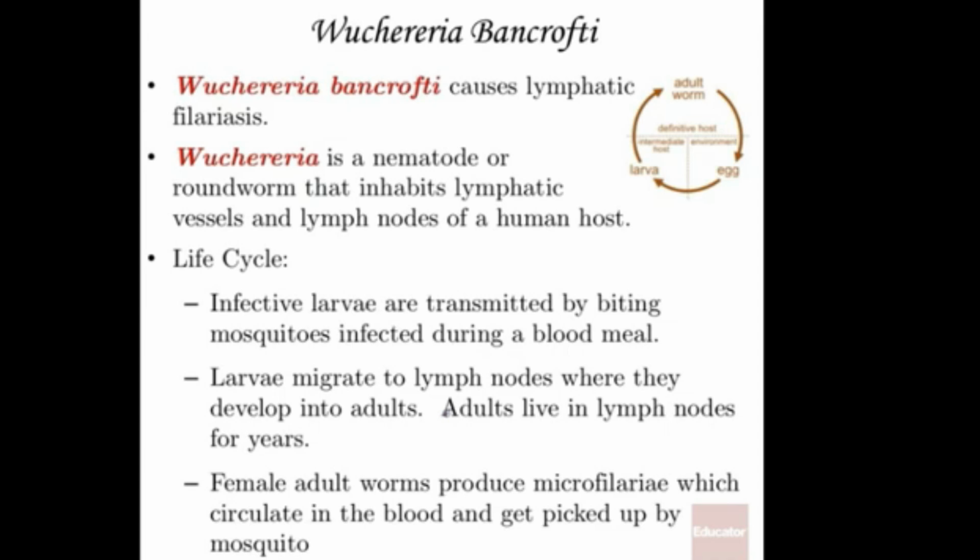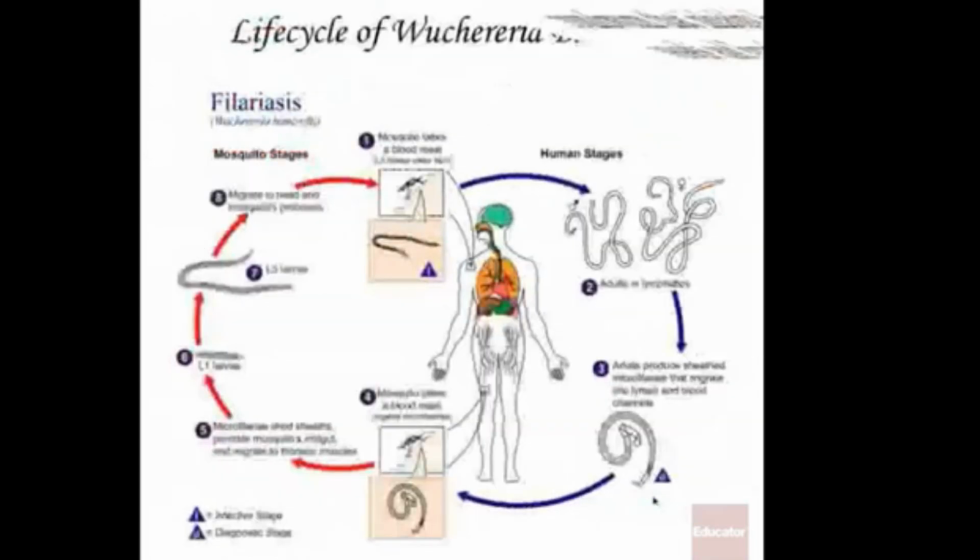So the female worms, of course, produce larvae, and these microfilariae circulate into the blood, and then the whole cycle gets repeated. So here's a wonderful diagram of that whole process. You can see step number 1, mosquito takes a bite, right?